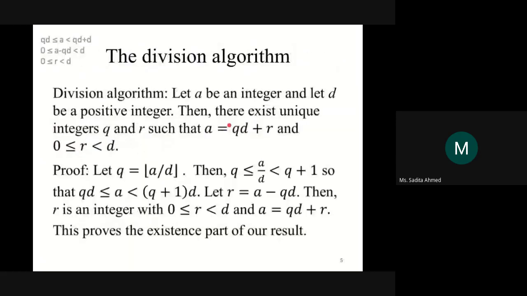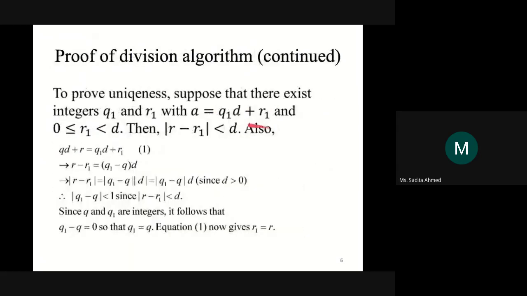Can we not say that QD plus R is equal to Q1D plus R1? Yes. In that case, if we transfer R1 to the left-hand side, we get R minus R1, and then QD to the right-hand side, we get Q1D minus QD, where we get (Q1 minus Q) into D. Okay?